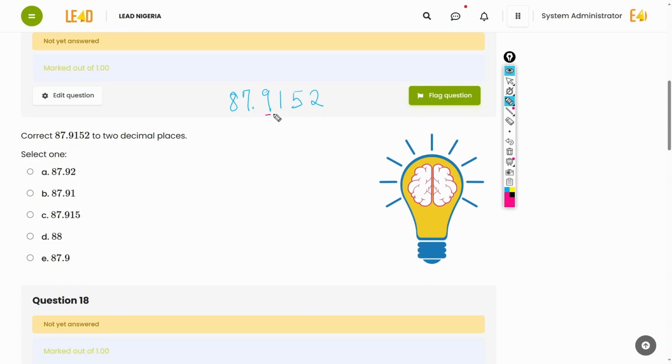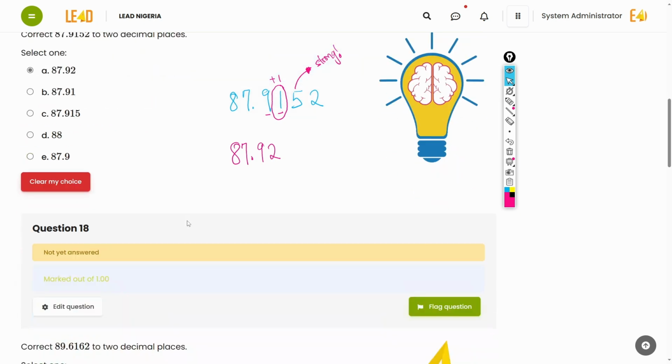This is the first decimal place, second decimal place, so we are rounding here. We test the digit to the right of it. It is strong. 5 is a strong digit, so we just add 1 because it's strong. Our answer would be 87.92. 87.92 is the correct answer. That's option A.